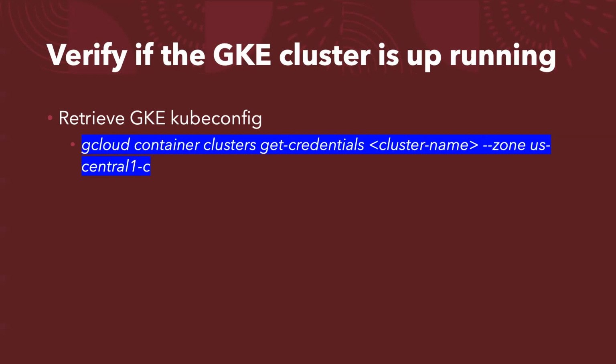But if you're running from your MacBook or Windows, or any other terminal, and you don't have the gcloud CLI installed, you need to install the gcloud command line tools first.